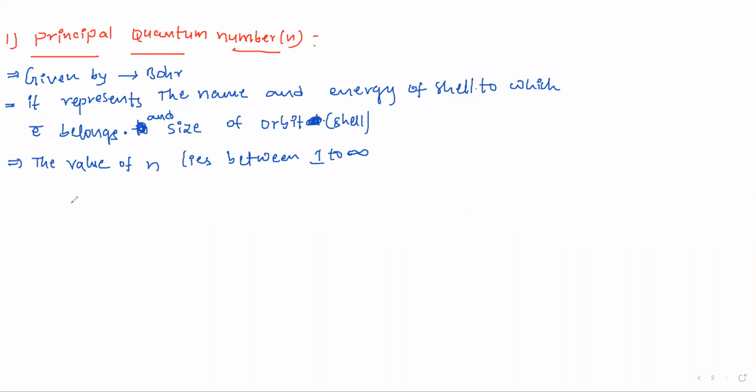That means n may be the first shell, second shell, third shell, fourth shell, and so on. These correspond to the K shell, L shell, M shell, N shell, O shell, and so on.